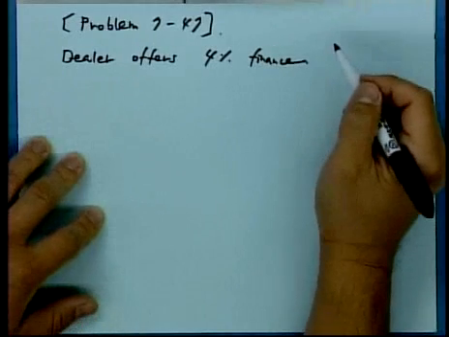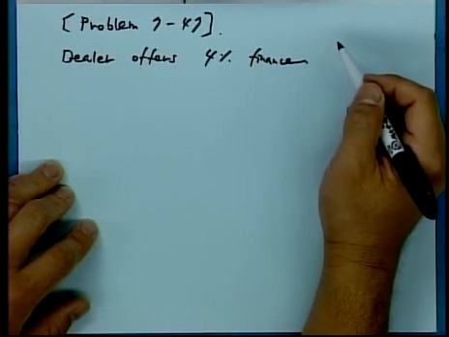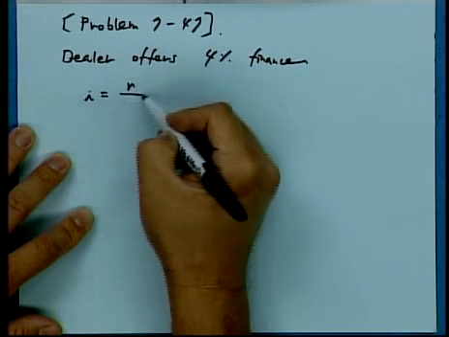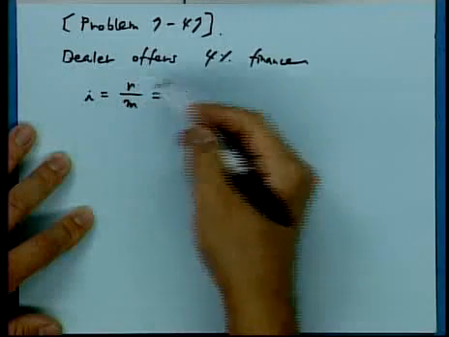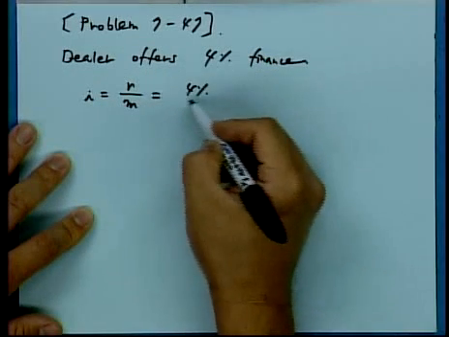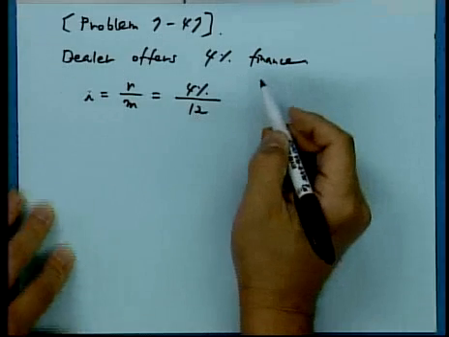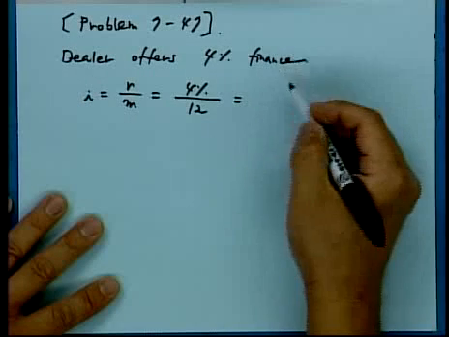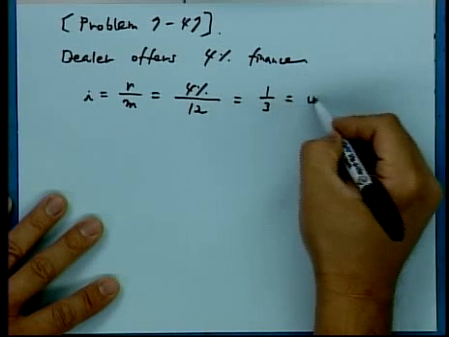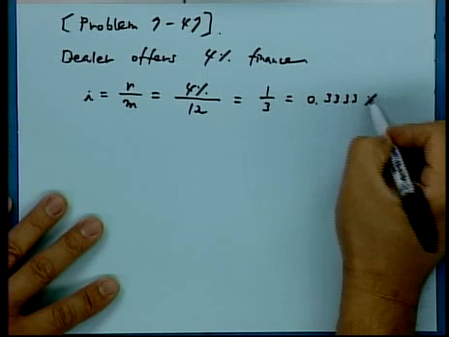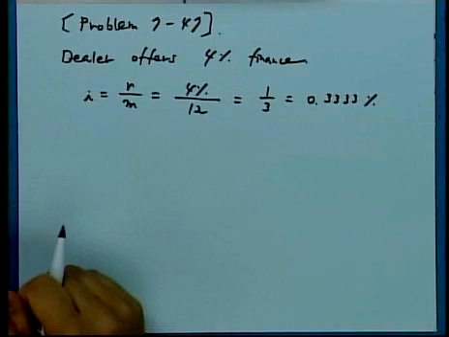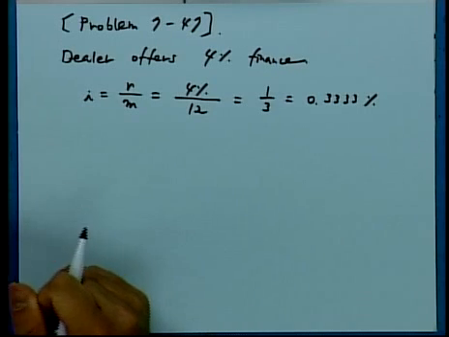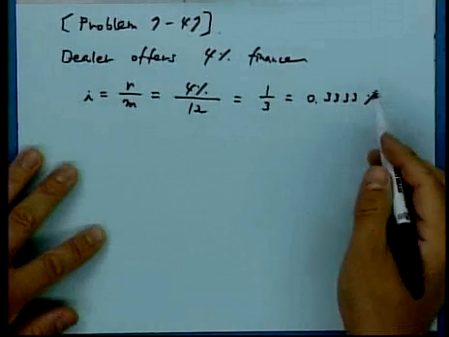So first we need to determine monthly payments for the loan. So if you use I equals R over M, R is 4% and M should be 12 because there are 12 months in a year. So this is the 1/3, which means 0.3333%. Okay. So this is the monthly interest rate.